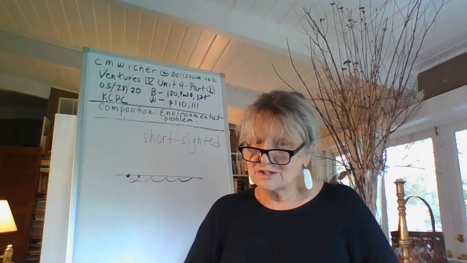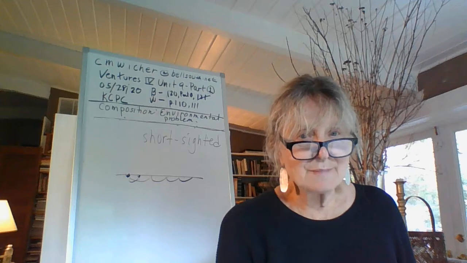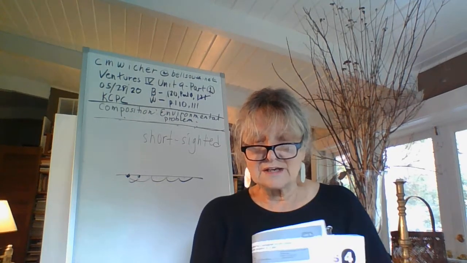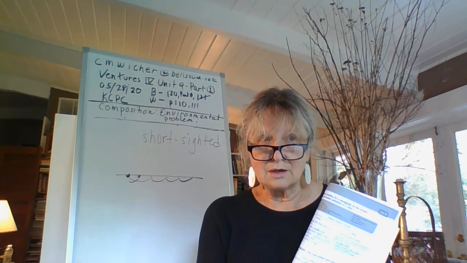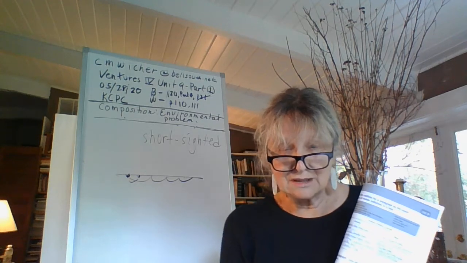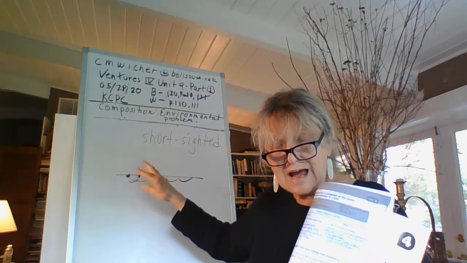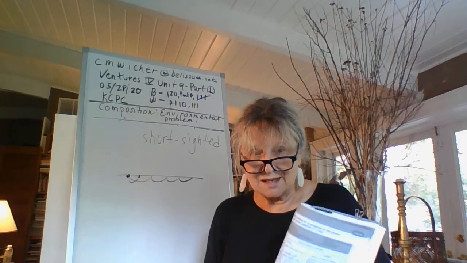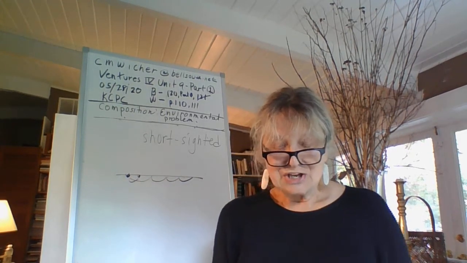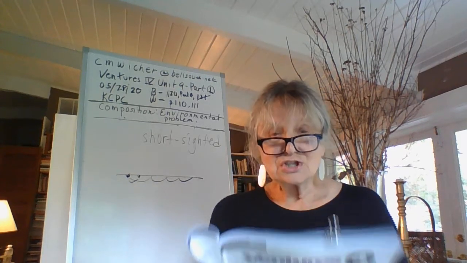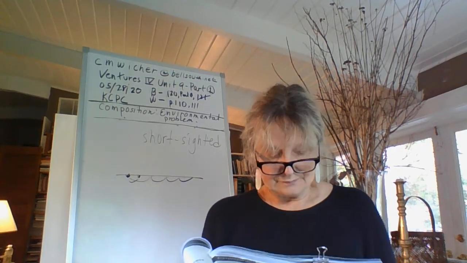And this is especially important when we're talking about huge problems that affect many people, like the pandemic, making sure that we are thinking far ahead of what would happen with each step that we take. Okay. So there we go, short-sighted or not.